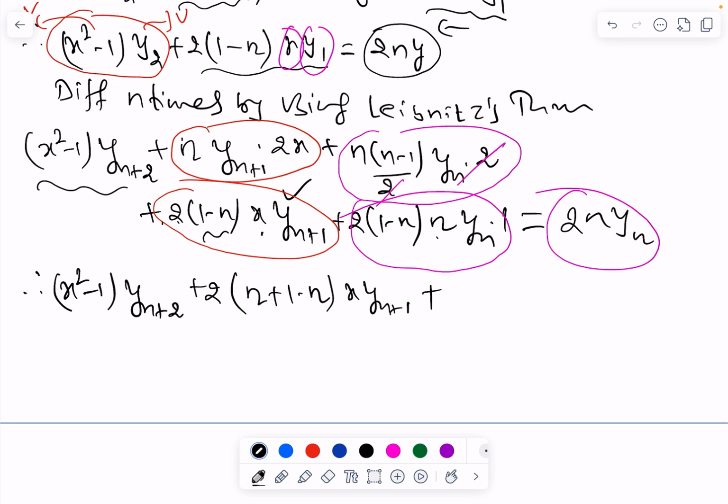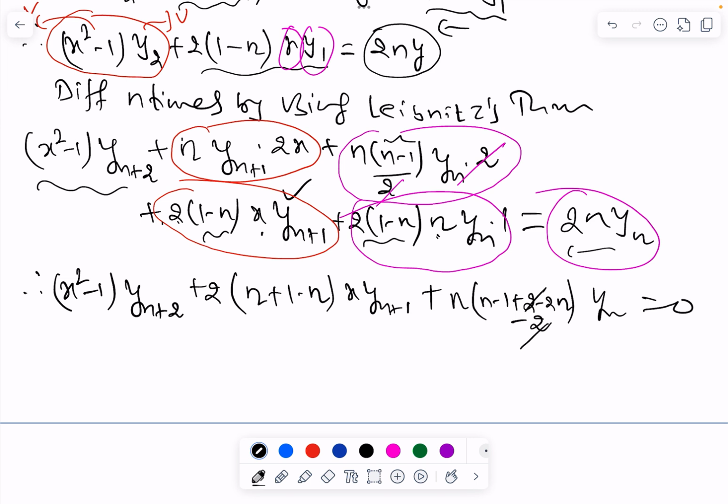So here we have n(n minus 1). And here we have plus 2 minus 2n. And here on this side, n y_n. So minus 2n, and equal to 0.